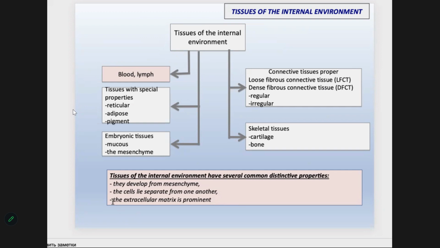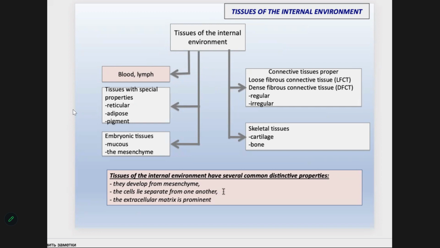The first property is the predominance of extracellular matrix over the cells. We can see a large volume of extracellular matrix in the tissues of internal environment.